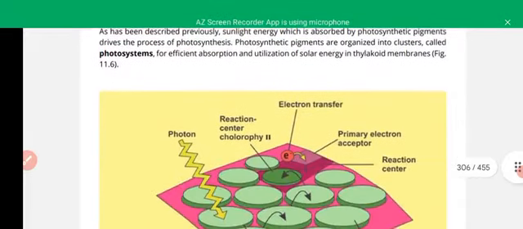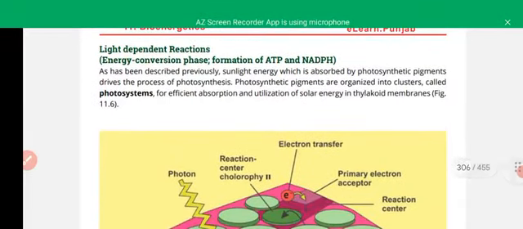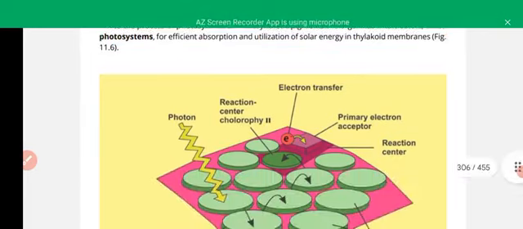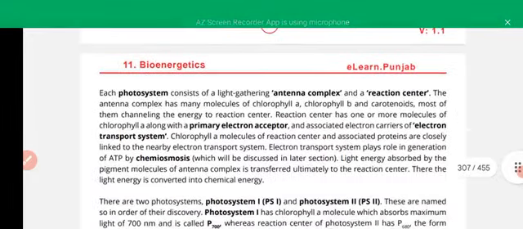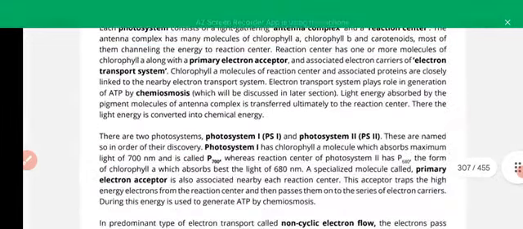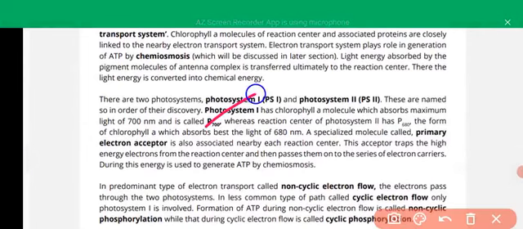In the light dependent reactions, energy is absorbed by pigments, which are arranged in photosystems. Photosystems are basically divided into two: photosystem 1 and photosystem 2. Photosystem 1 is P700.